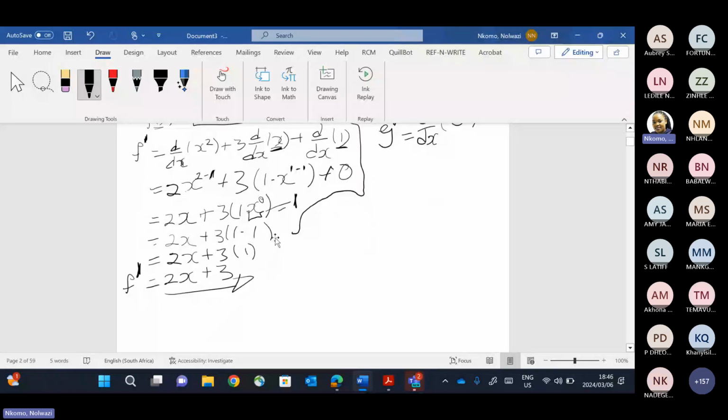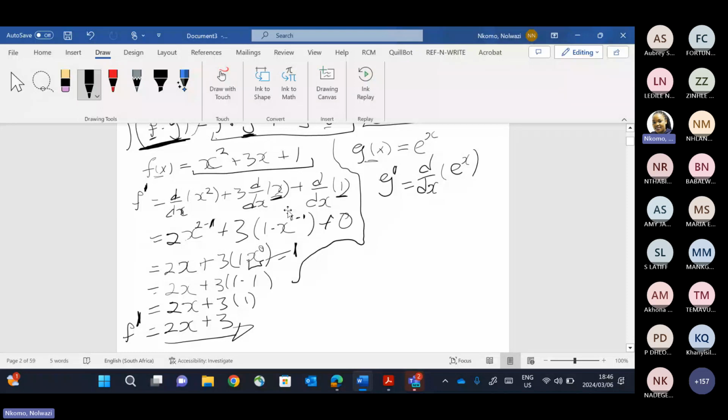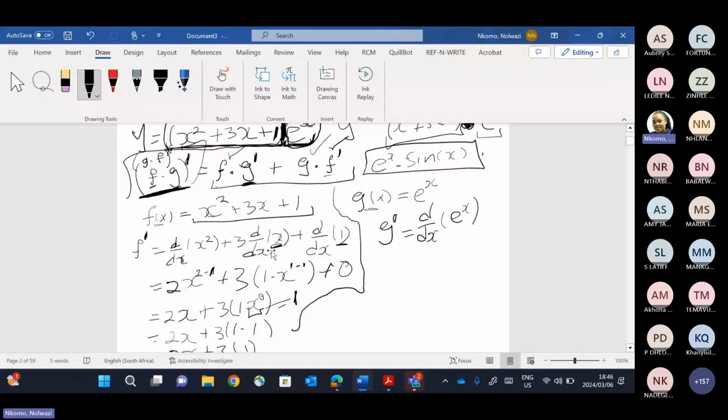You see here, even here we had x, then there was no 1 on top, but I said since it's just x, assume that your n is 1. We don't write to the power 1. It's like 1 times x. We don't write 1 here.